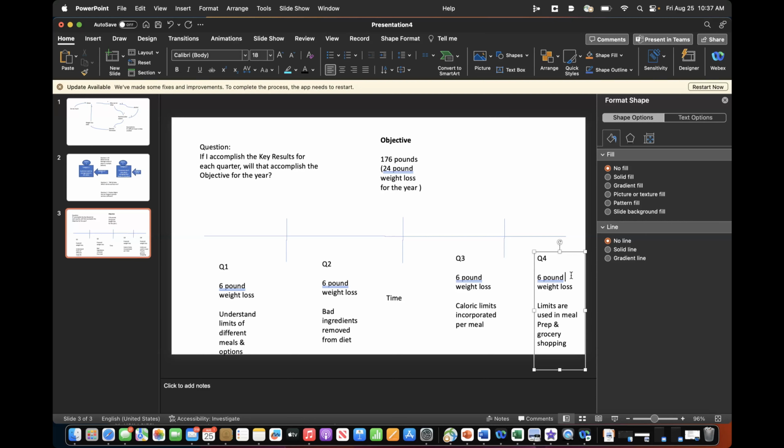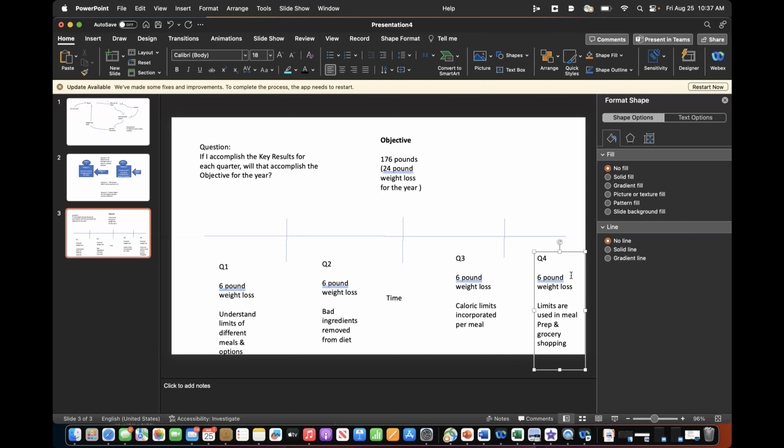And well, now I've incorporated the caloric limits, the different ingredients. I've thought about that stuff and I use that knowledge on both my meal prep and when I go grocery shopping. So I don't even buy things that are going to put me over my caloric intake limits or things that I should be cutting out of my diet. So now I have a sustainable system in place.